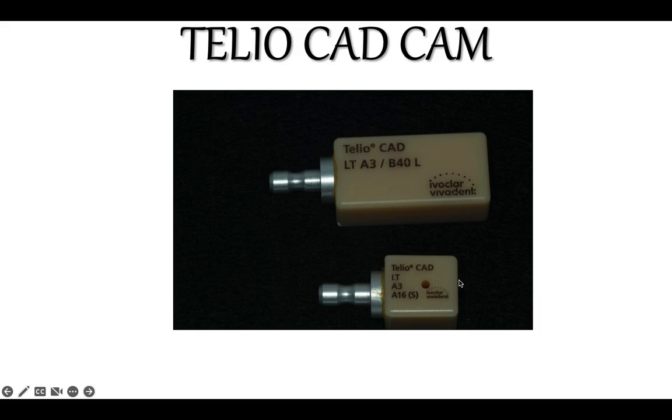The Telio CAD is also a material known as PMMA, polymethyl methacrylate, and it has a very good flexural strength. It is about 130. It's very strong. It's very beautiful and very easy to polish. When you want to heal the gingiva, you don't want a provisional that traps plaque.